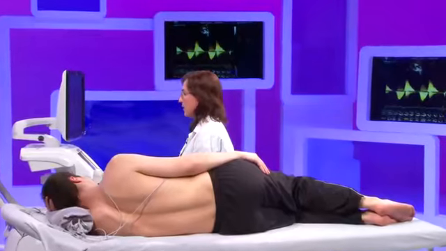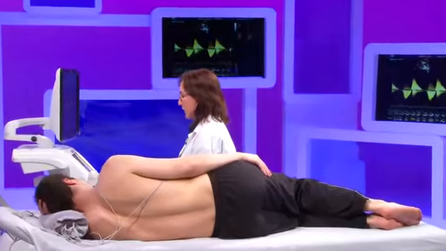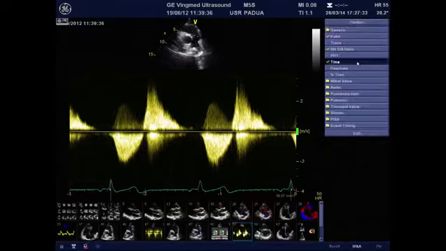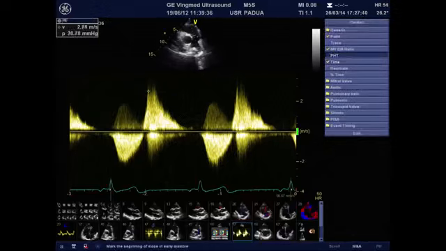And another parameter that can be used on the continuous wave Doppler is the PHT, so the pressure half-time, which can be measured in this way using the modal velocity. So we can measure this interval, in this case is 129.